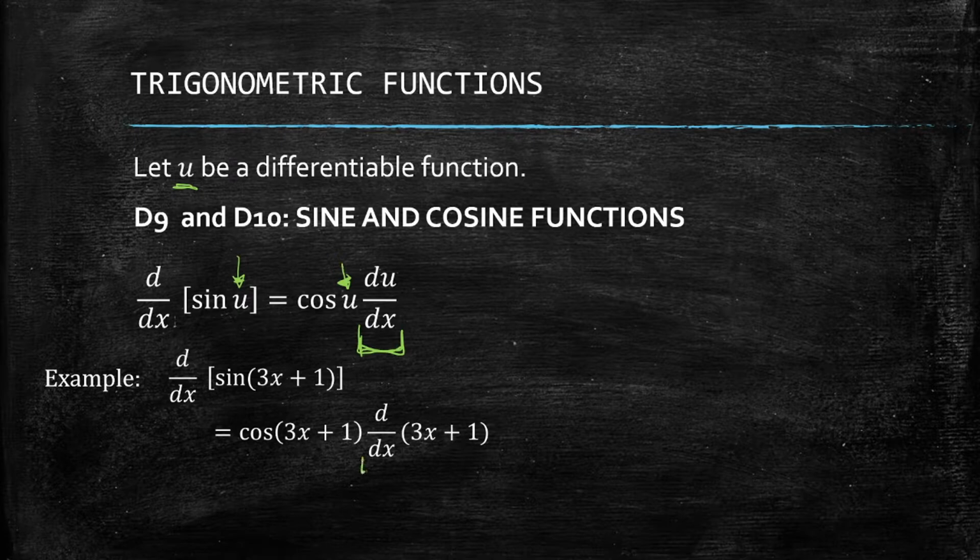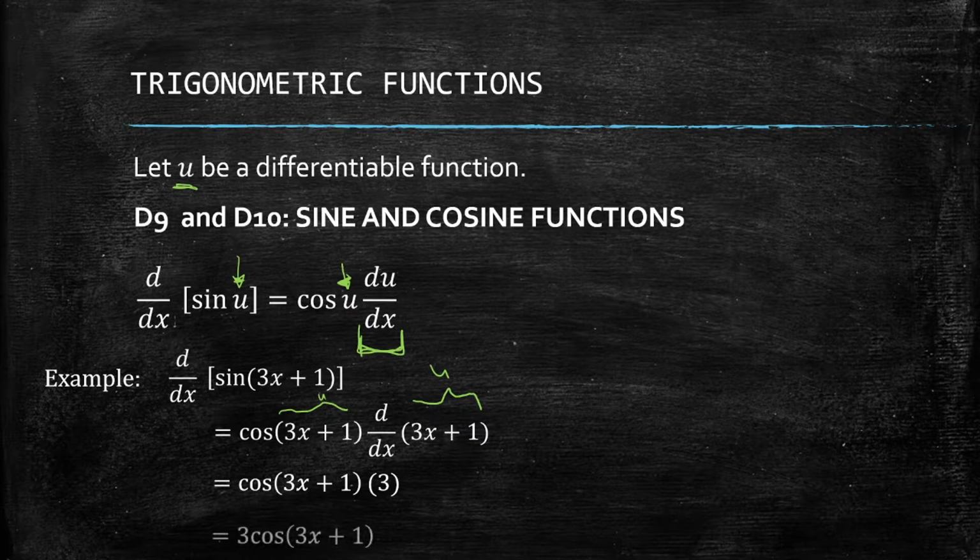That's why we have here the derivative of 3x plus 1 with respect to x, because this is our u. We need to get the derivative of 3x plus 1, which is simply 3. Rearranging this in such a manner that all the numerical coefficients are found at the left, we have 3 cos of 3x plus 1, and this is already the derivative of our given function.